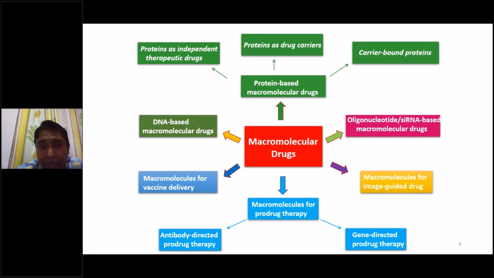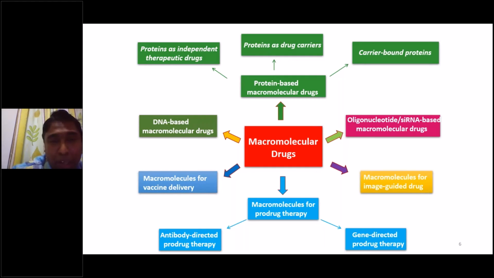Finally, macromolecules or nanoparticles can be used for prodrug therapy, and it has two types. One is you can first deliver an enzyme tagged with antibodies, for example. The enzyme can cleave the prodrug into active drugs. At first you deliver the enzyme, which will bind to the target cells using antibodies, and then you deliver the prodrug.